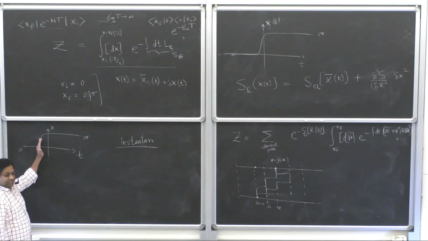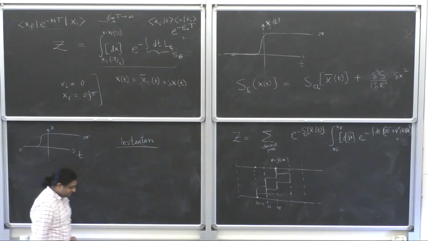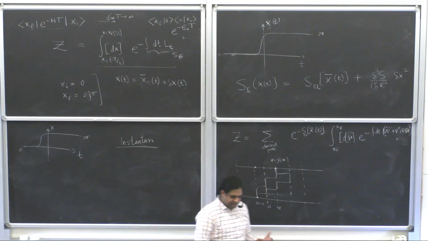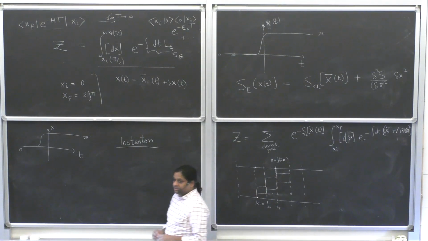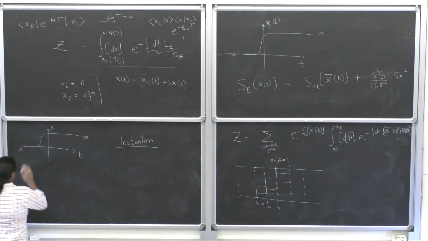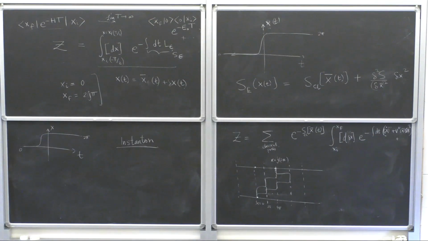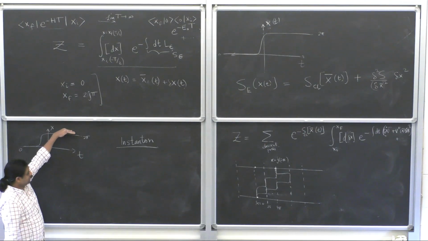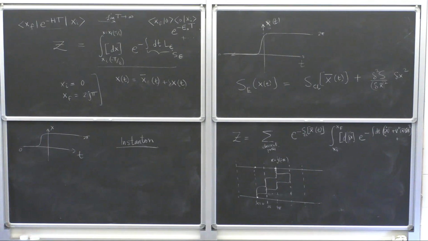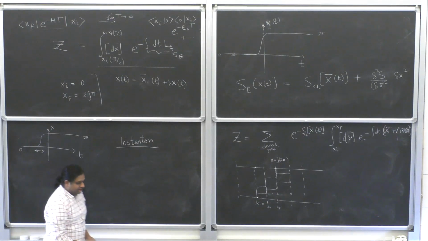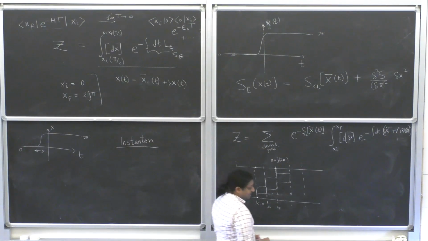It's the same notion of instantons we'll encounter in field theory, where these field configurations are localized in time as well as maybe in space. But in this case, we just have a time coordinate, and these are localized in time. So it stays at zero for a long time, and it stays at 2 pi for a long time, and the transition happens relatively quickly. And the time width of the profile of this function depends on what the potential is.